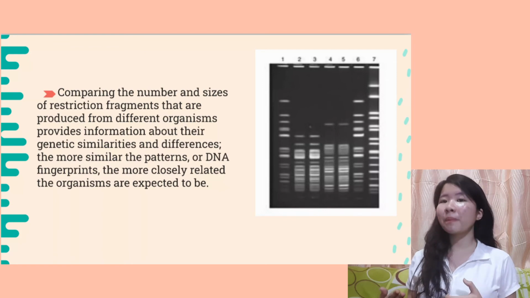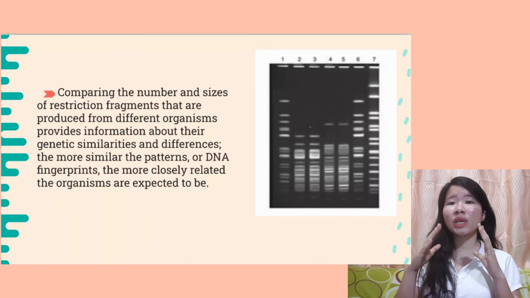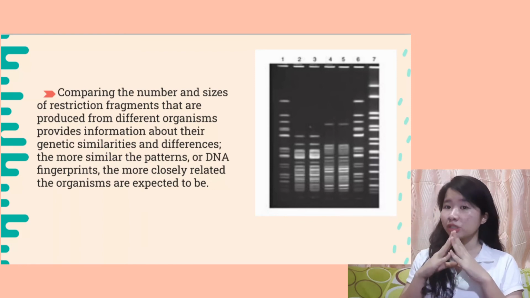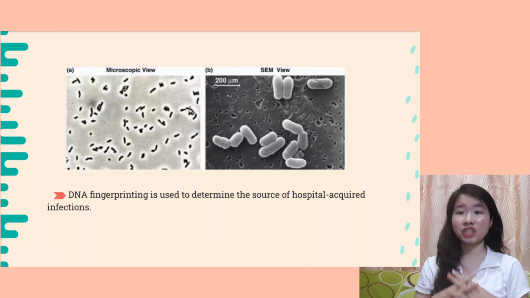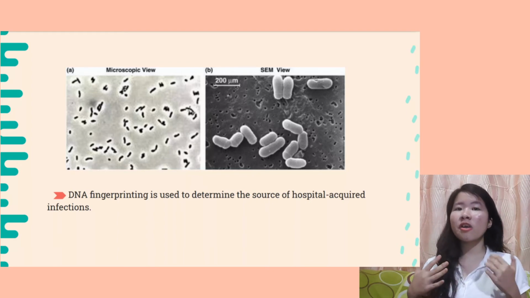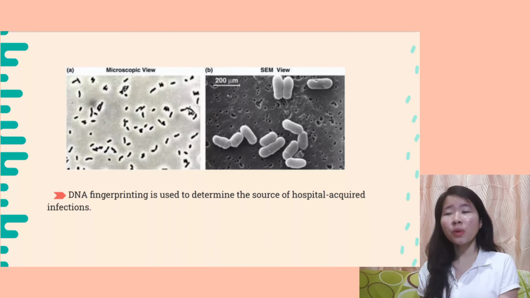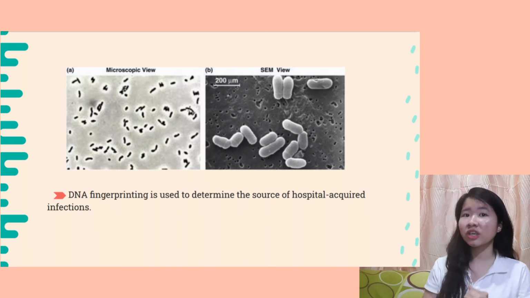The more similar the patterns or DNA fingerprints, the more closely related the organisms are expected to be. Understood? So DNA fingerprinting is used to determine the source of hospital-acquired infections. In one hospital, patients undergoing coronary bypass surgery developed infections caused by Gordonia bronchialis, which is shown in the picture.